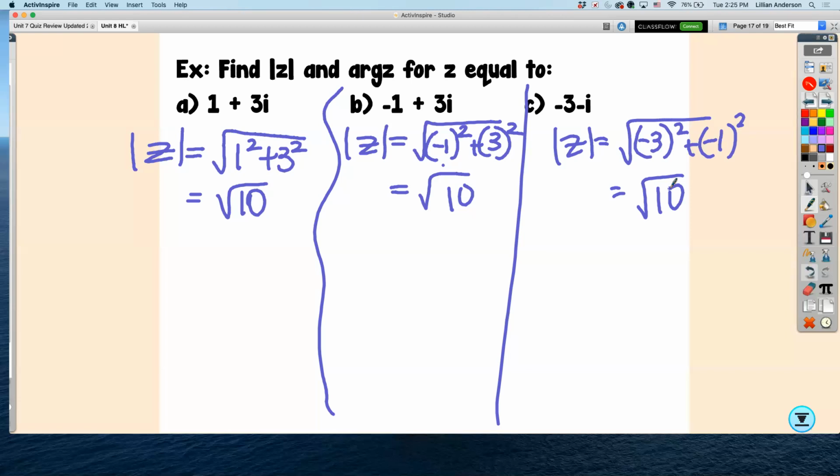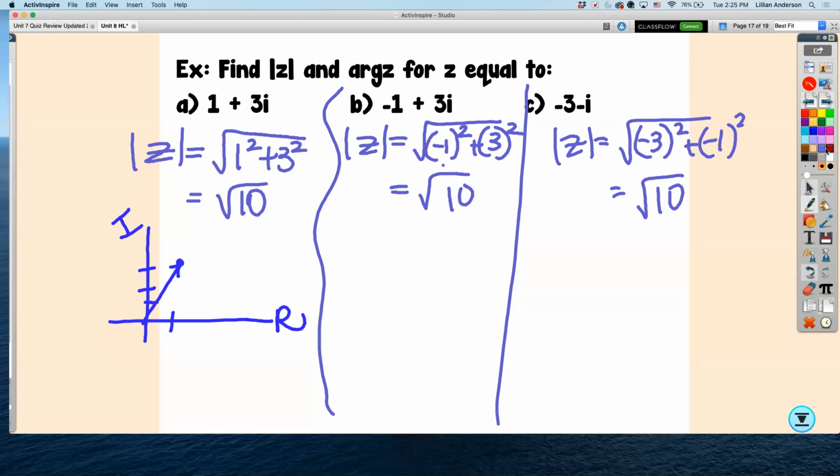What quadrant in the plane is 1 plus 3i? The first quadrant. So when it comes to finding the argument for z, remember this is your real and this is your imaginary. This is z.